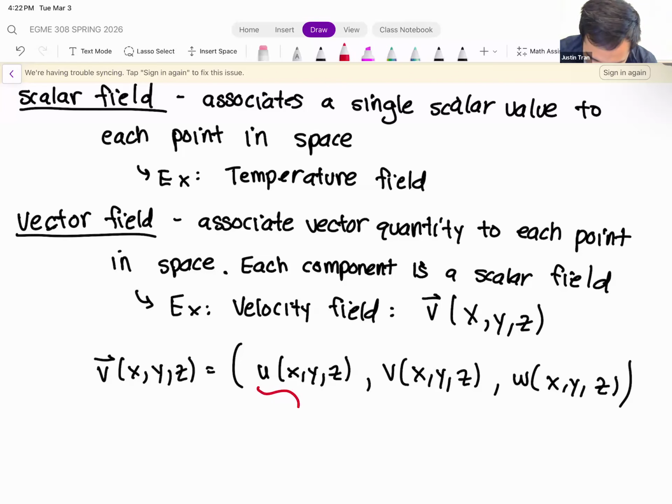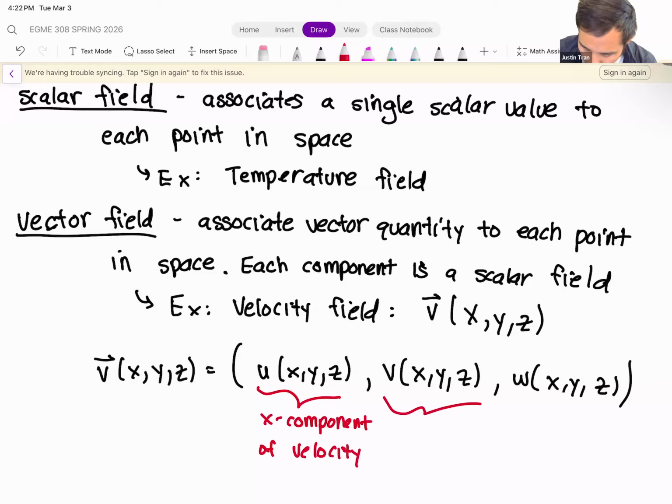This u here is the x component of velocity. V here is the y component. And this here is the z component.